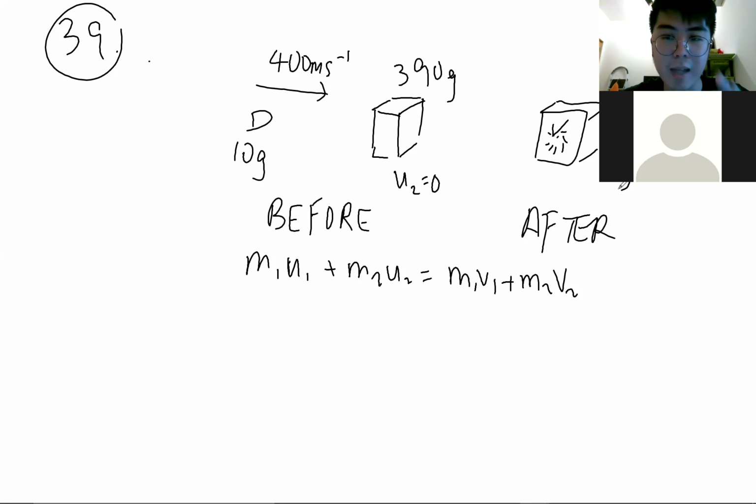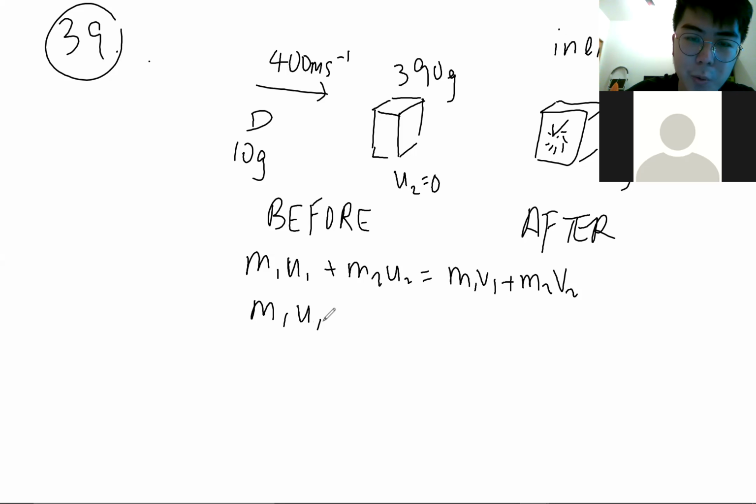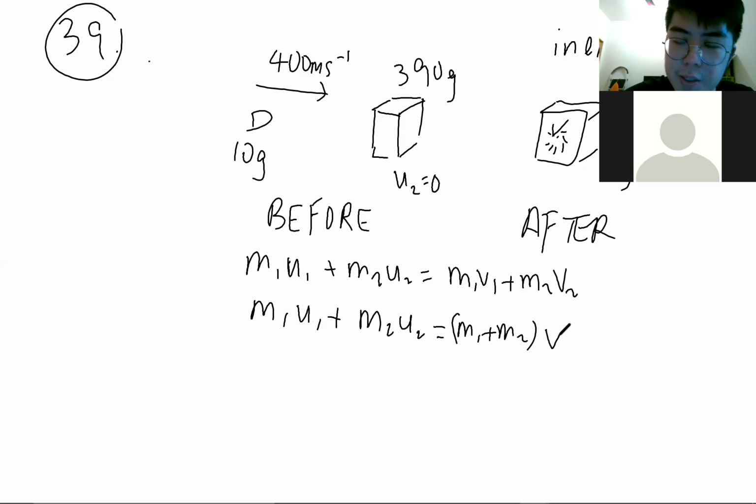Okay, so this is a type of what collision? This is a type of inelastic collision, when the two objects move together, right? Now, calculate the final V. Since they share the same V, I can write the formula as m1 u1 plus m2 u2 equals m1 plus m2 times V, for inelastic.